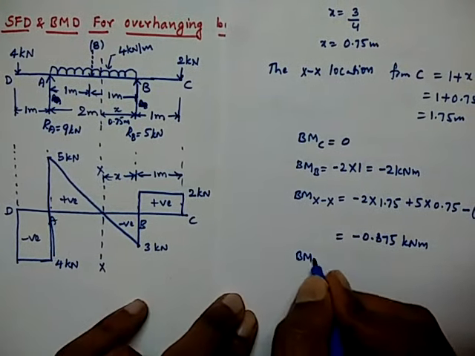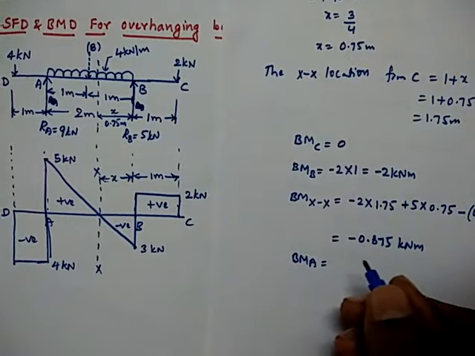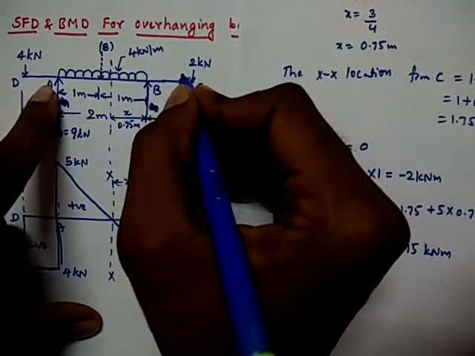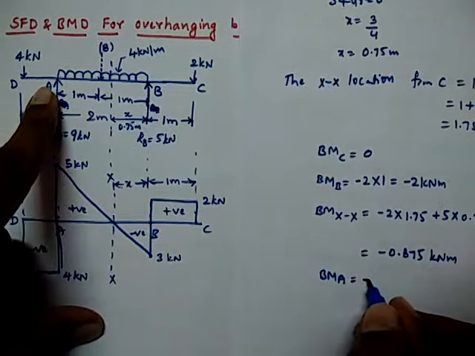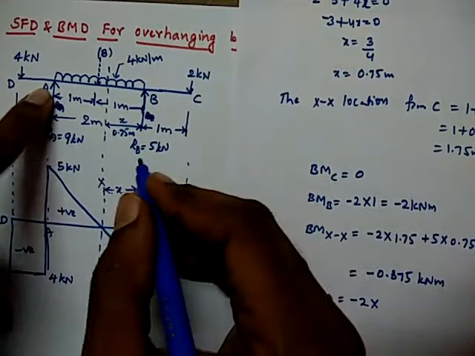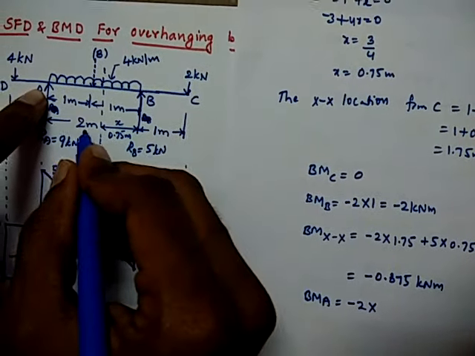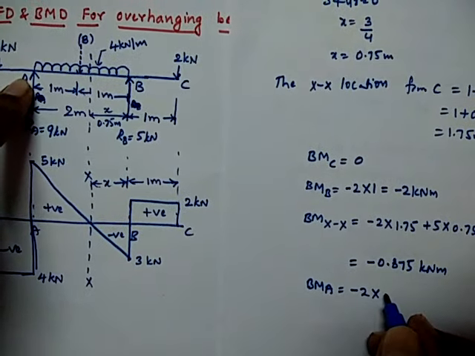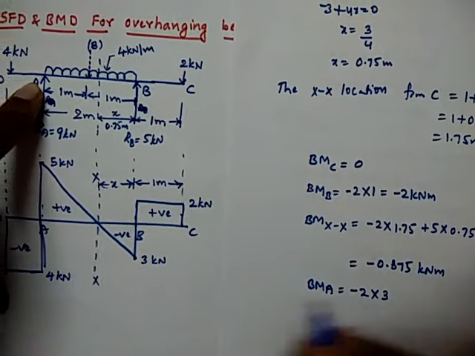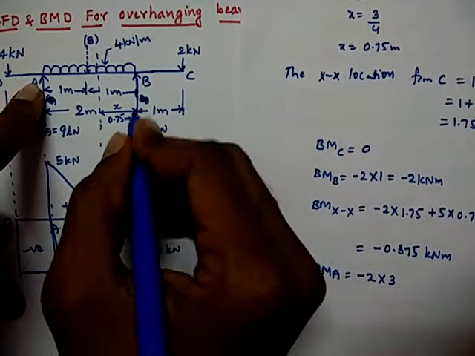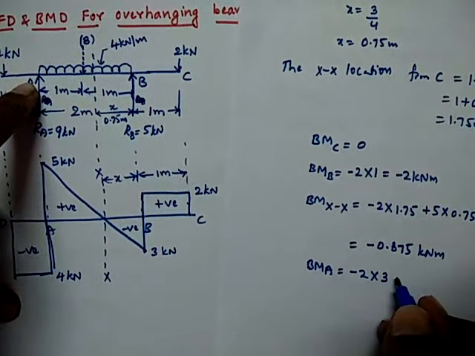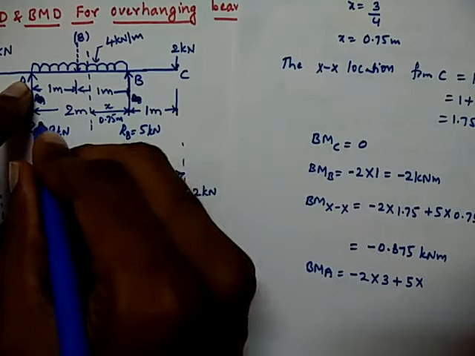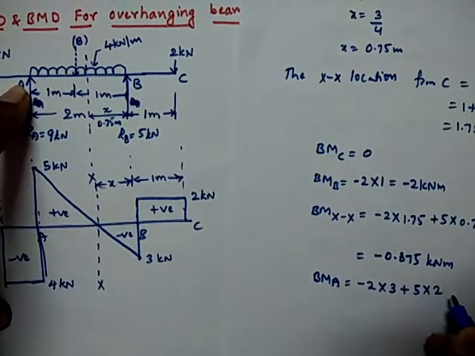So bending moment at A we have to find out here. Bending moment at A comes from the starting. So at A it will create negative, so minus 2 into distance, here 1 plus 2. This is 1 and this is 2, so this is 3. Next term will create positive about A, so plus 5 into distance between these two, this is 2.